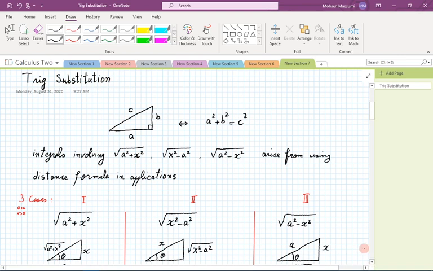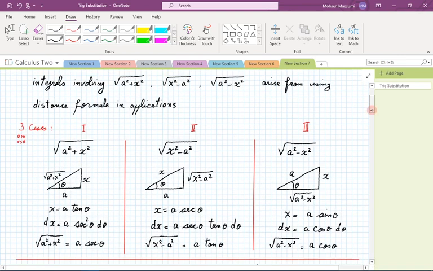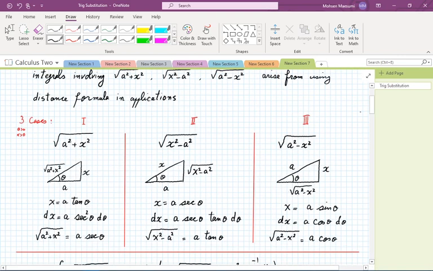Three types of expressions show up: sum of two squares, and difference of two squares with the variable first or the variable second. In this case we consider a right triangle with a being this leg, x the opposite of the angle, and the hypotenuse will be the exact expression that we are after.